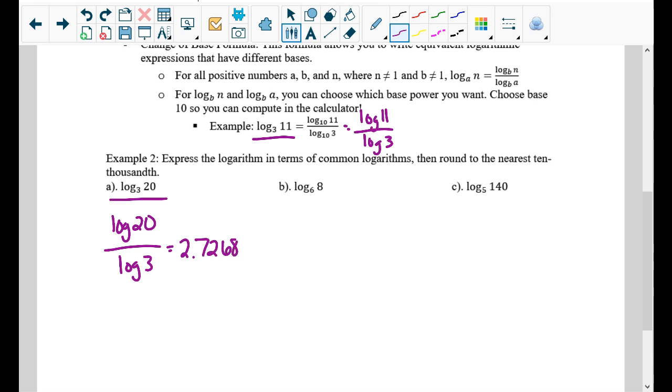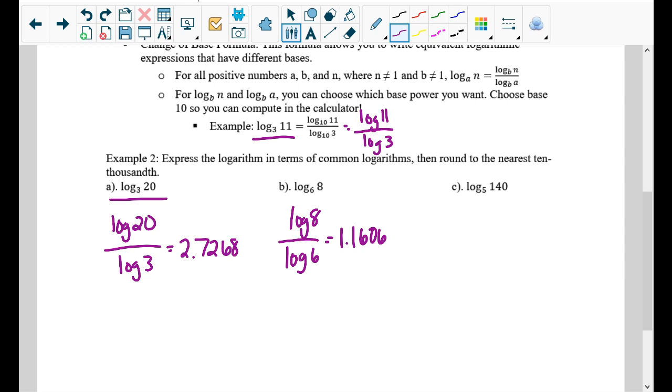Example 2b, log base 6 of 8, so common log of 8, divide by log of the base of 6. Divide those out, and 1.1606. A lot of this information is just calculator, guys, just plugging it in the calculator, getting your answers out, knowing how to solve it correctly.